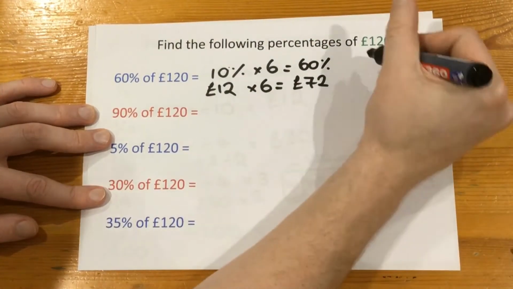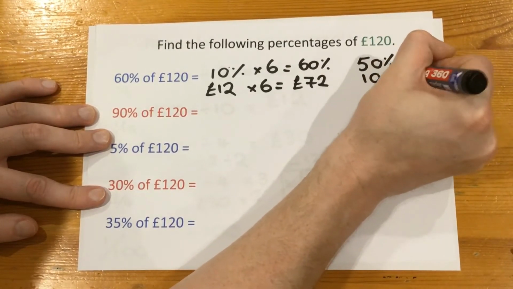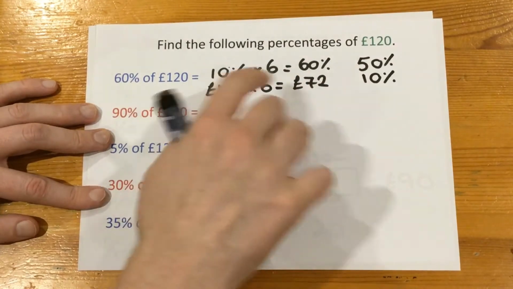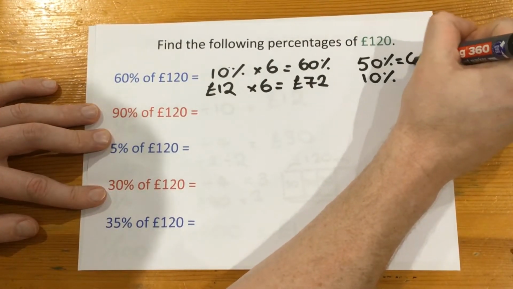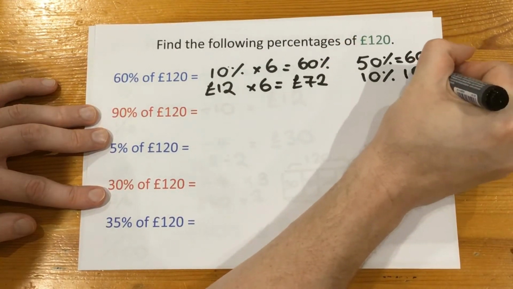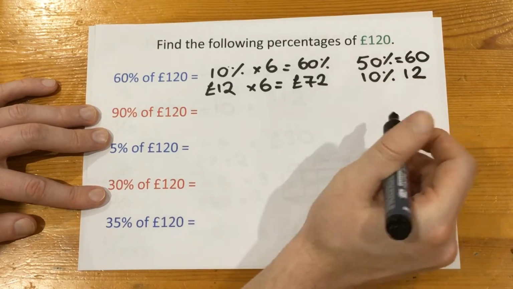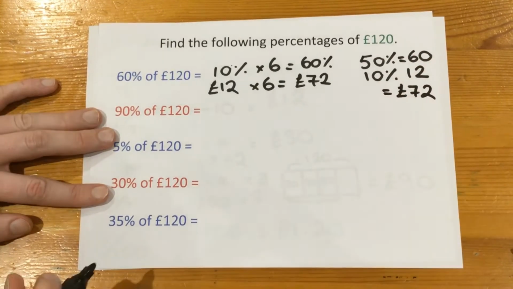I'll try combining 50% and 10%. These add up to 60%. 50%, half of 120 was £60. 10% was £12. 60 plus 12, add them together, I get £72.